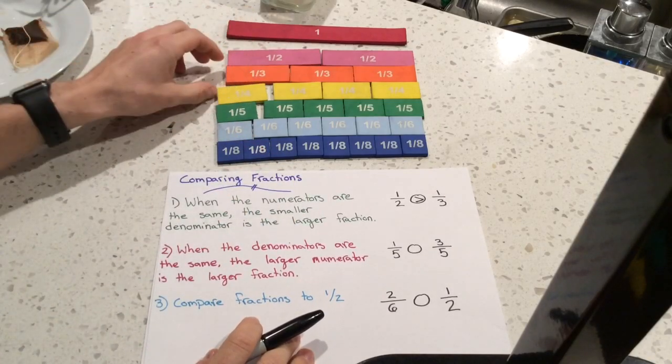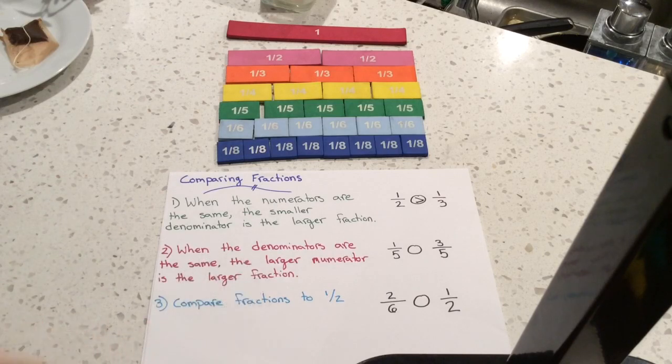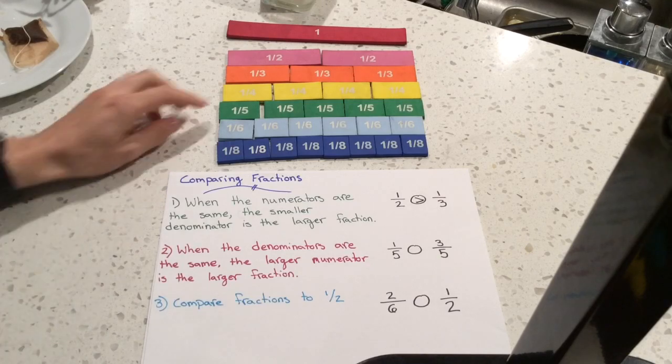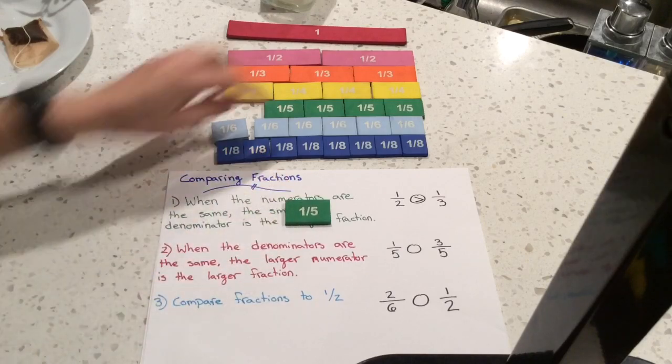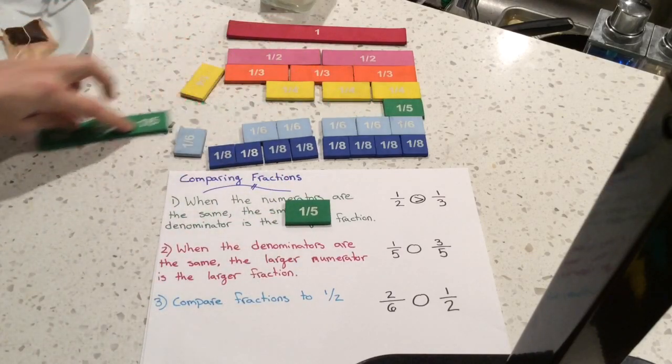Jumping down to the second rule, it says when the denominators are the same, the larger numerator is the larger fraction. And this one is pretty straightforward. For this one, I'm going to use fifths. So I'm comparing 1/5 to 3/5.